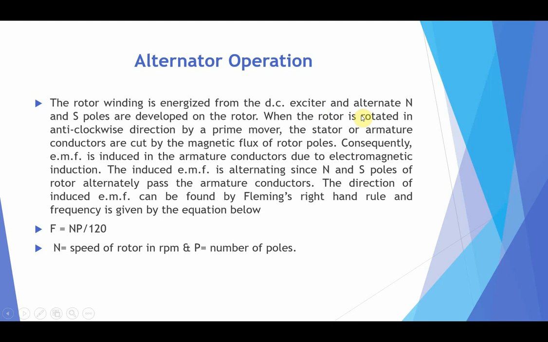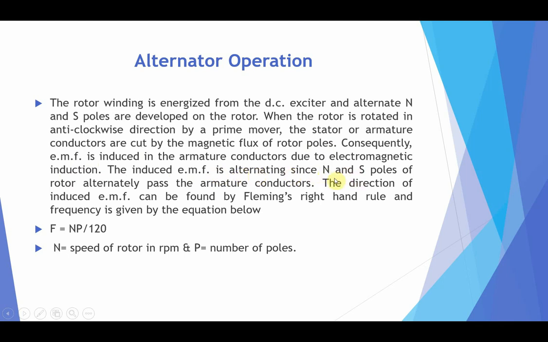So when the rotor is rotated in anti-clockwise direction by a prime mover, the stator or armature conductors are cut by the magnetic flux of the rotor poles. Consequently, EMF is induced in the armature conductors due to electromagnetic induction. The induced EMF is alternating.